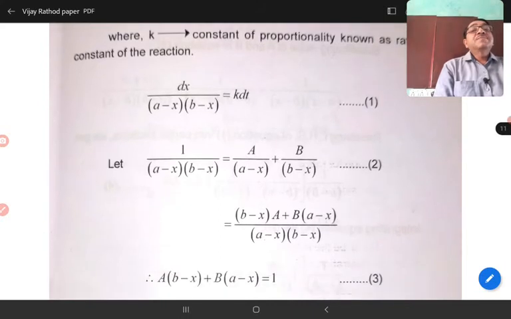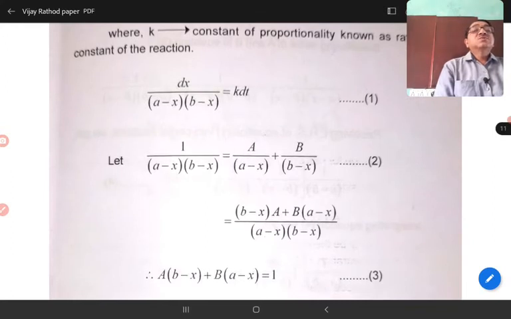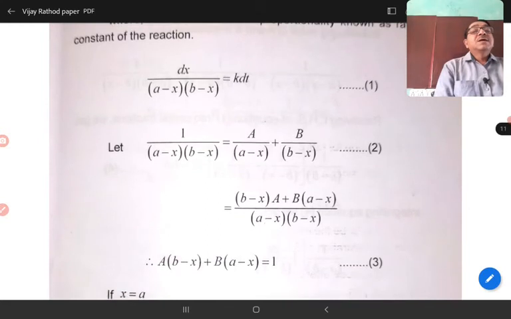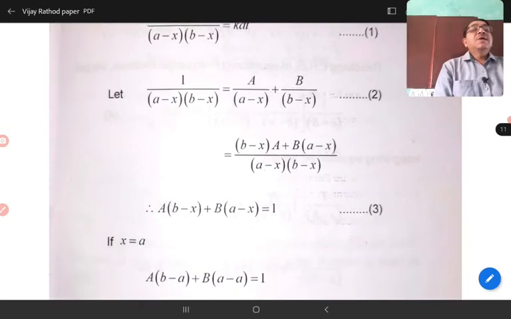Now here, taking the LCM, we get A into (b minus x) plus B into (a minus x), with (a minus x) and (b minus x) in the denominator.